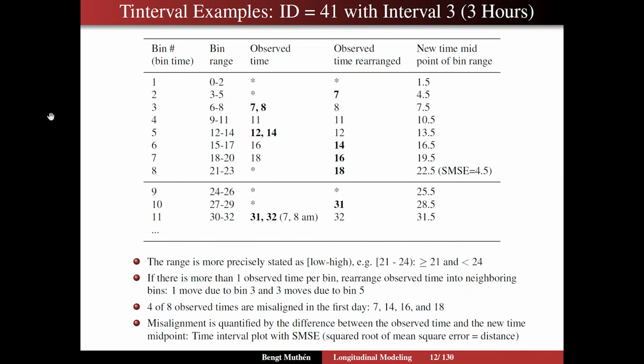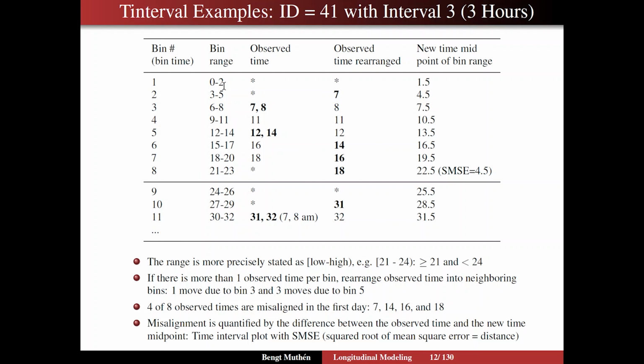So now let's look at the real example here. Person number 41, and let's consider time interval 3, so 3 hours. Starting with the bin range 0 to 2 here, so this is after midnight. The bin range is 3 here: 0, 1, 2.